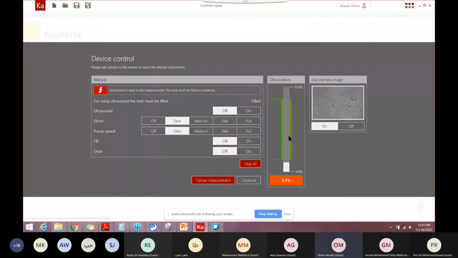So now you can see I have added some particles. You can see the live image of the particles in this live camera. And we need to maintain the obscuration in between 5 to 30%. So we'll add some more sample.